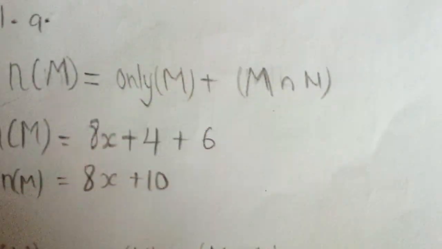So n(M) is equal to only M, the region 1, plus region 2, which is the intersection of M and N. Only M is 8x plus 4, and the intersection is 6, so we add it. So n(M) is equal to 8x plus 10.